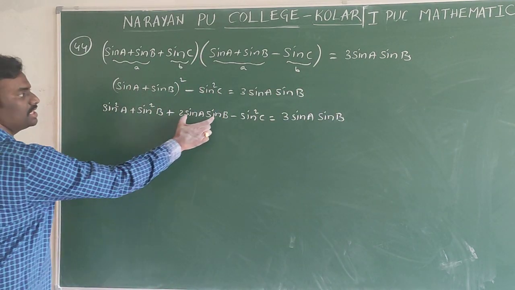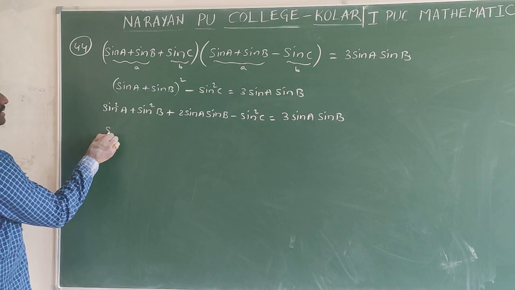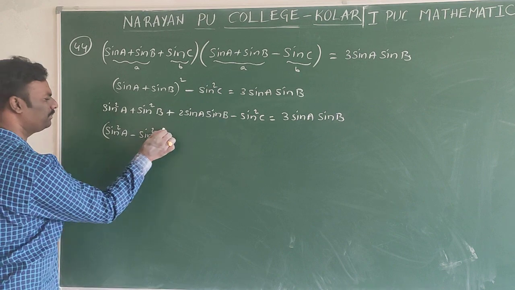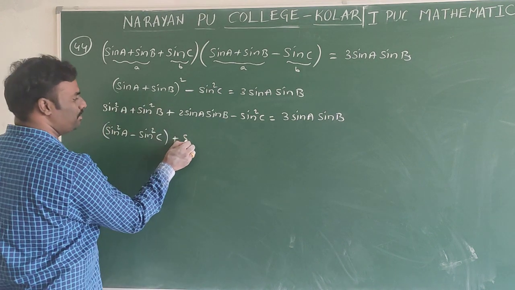Okay, you send this value to that side. Now it can be written as sin square A minus sin square C, I am taking separately, plus sin square B is there.